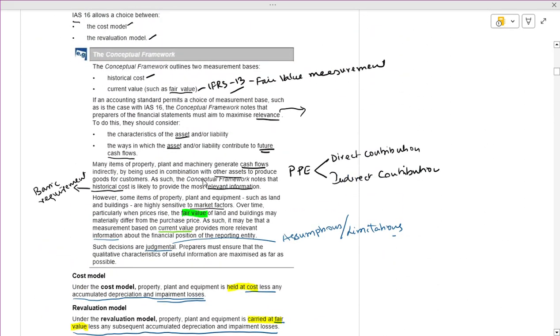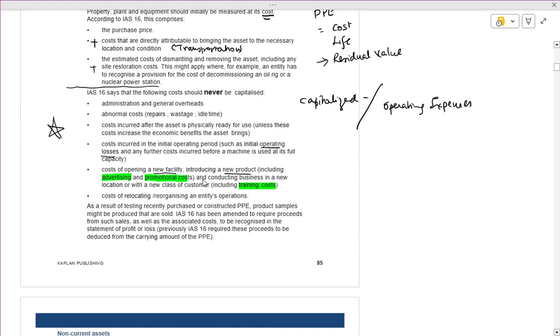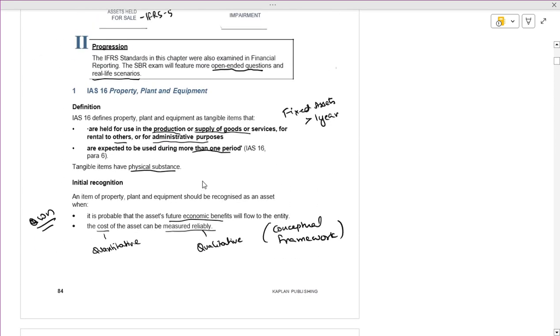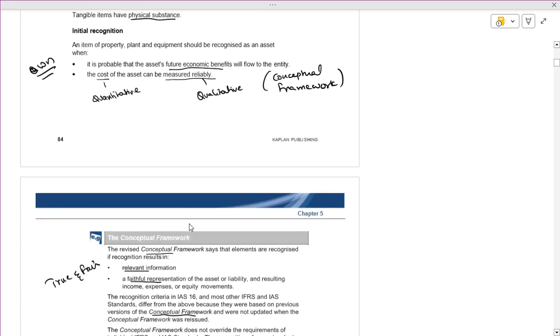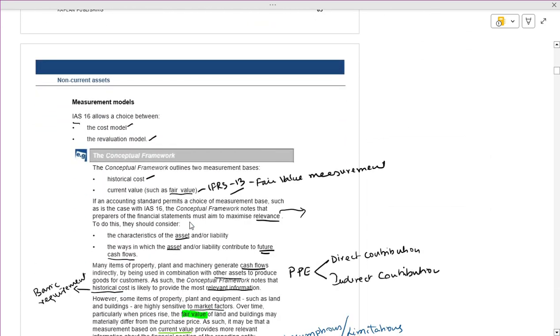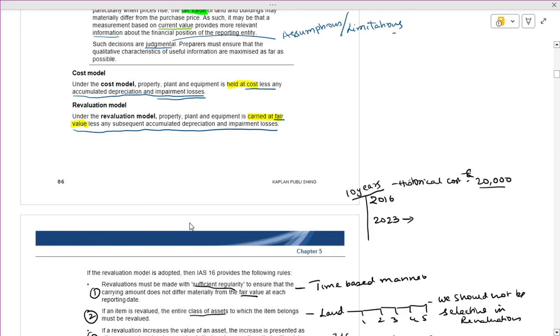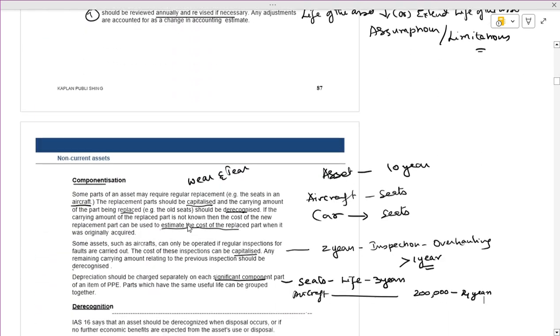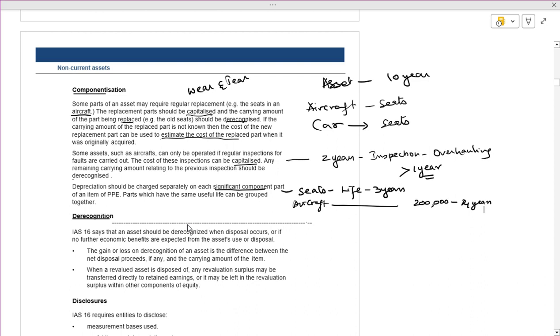We have done in terms of how it has to be measured. What is the conceptual framework in terms of IAS 16? We have the measurement models, cost model and revaluation model, the concept of depreciation, the concept of componentization.